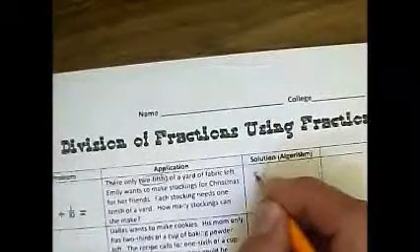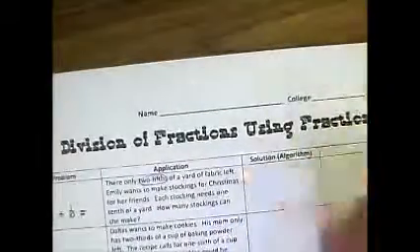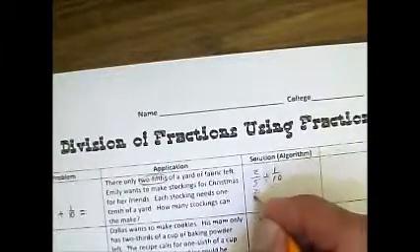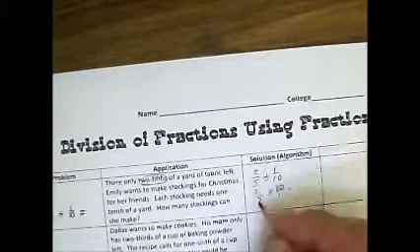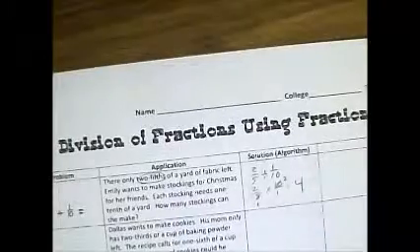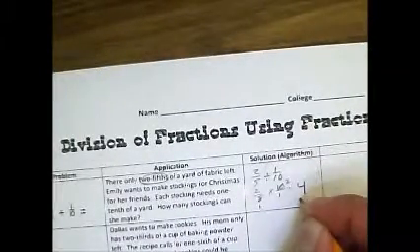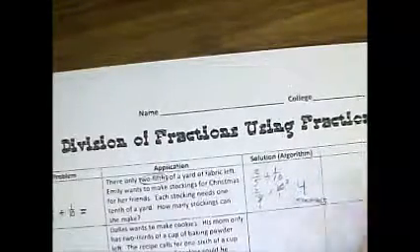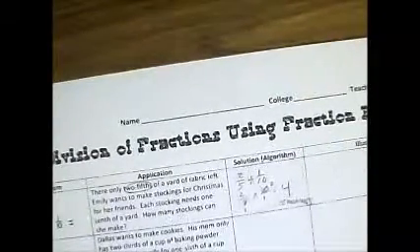So we're going to go 2/5 divided by 1/10, which is going to equal 2/5 times 10. And what do we get? 4 what? Stockings. 4 stockings. So she can make 4 stockings with the fabric that she has left over.